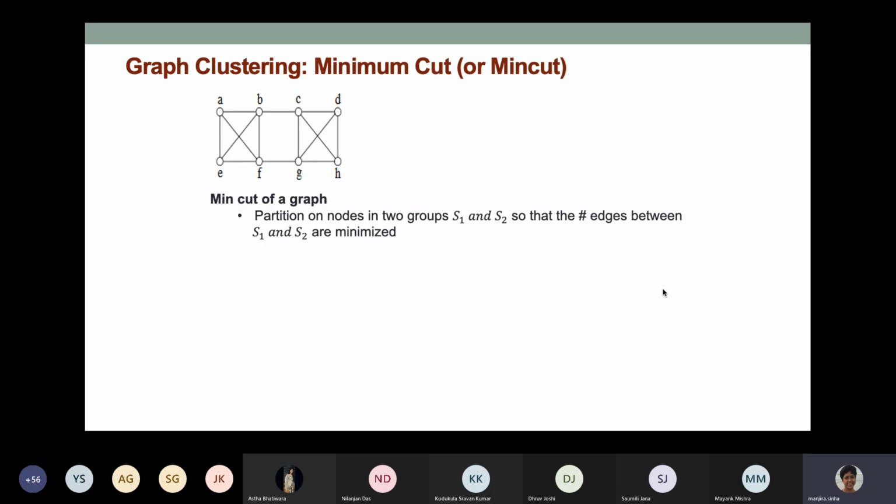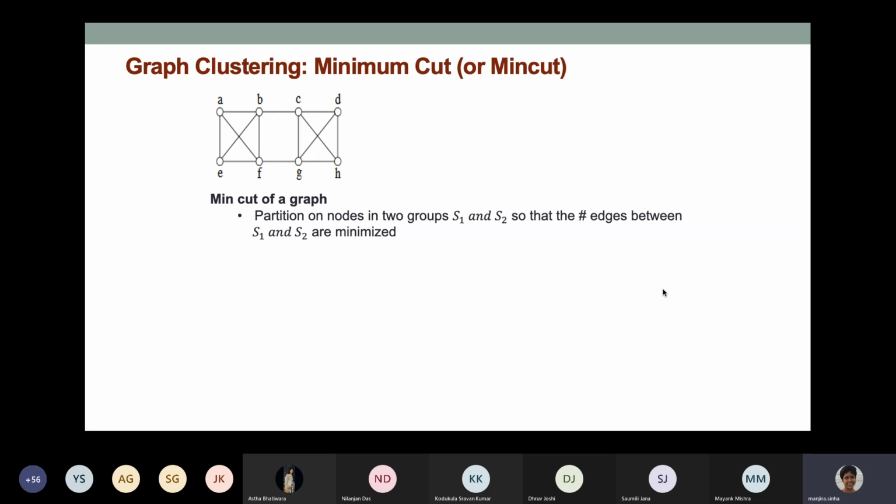The first algorithm for graph clustering is called the minimum cut, or min cut. Some of you may have taken graph theory in your BTech mathematics. There you may have also learned about things like spanning tree, min cut, max flow. So this min cut is the same.